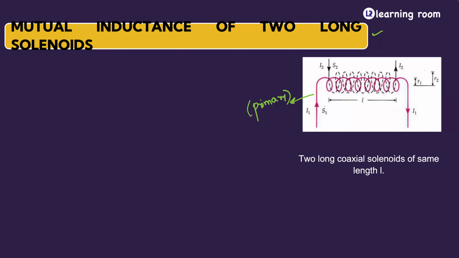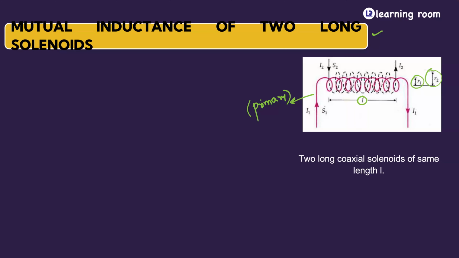In this case, we have taken both the solenoids to be of the same length, L. But the parameters that will change are the number of turns associated with each coil and the radius. The radius of each coil is going to be different. One will be R1 and the other R2. By the diagram itself, you can understand that R2 is greater than R1.